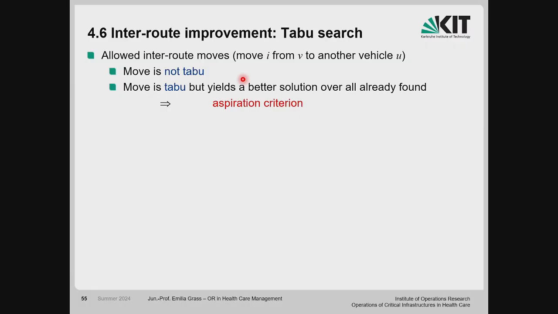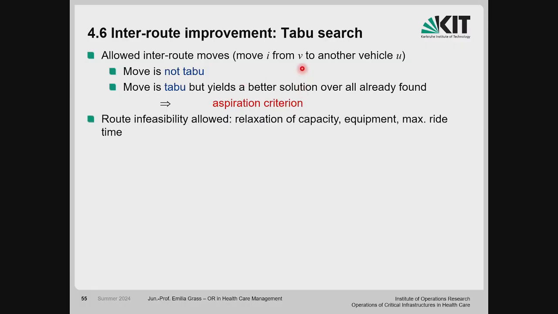Otherwise, we cannot put Peter back into that. And we allow the route infeasibility, so we simply temporarily allow infeasible solutions in order to find better routes. And this is the dynamic adjustment here. This is the dynamic nature of this algorithm, where we allow an infeasible route just for now in order to find better solutions.